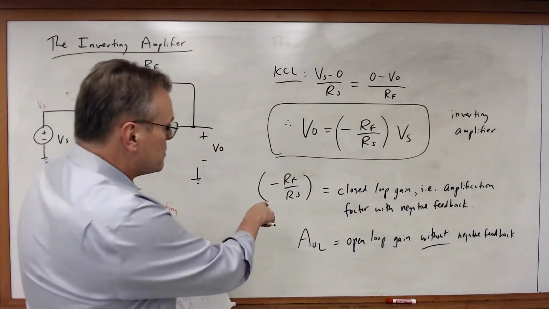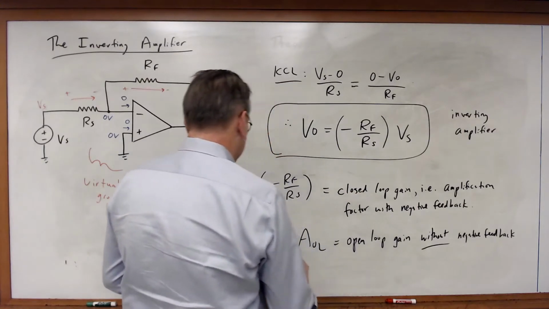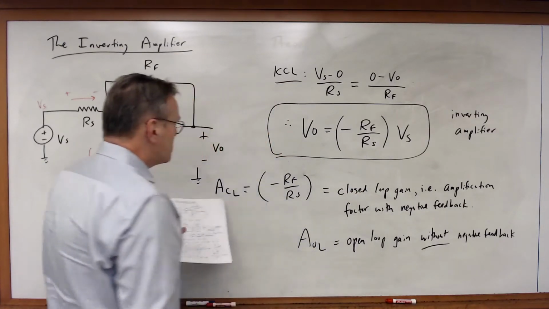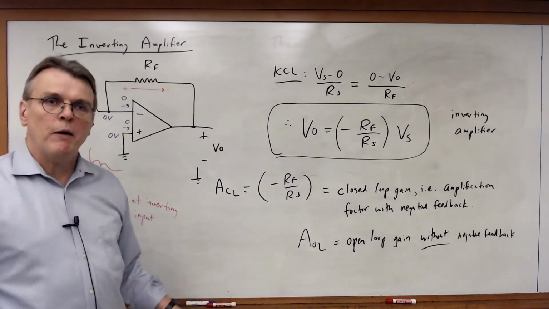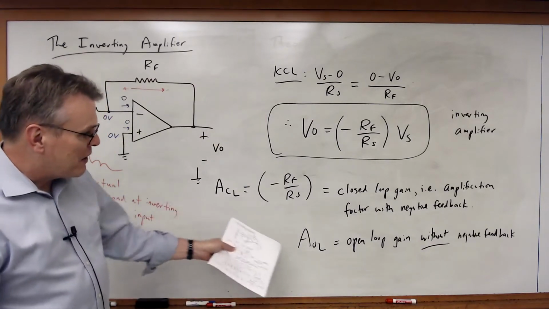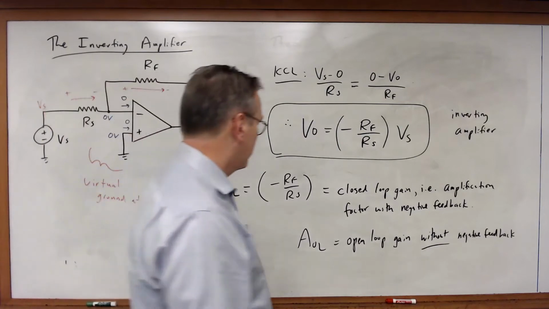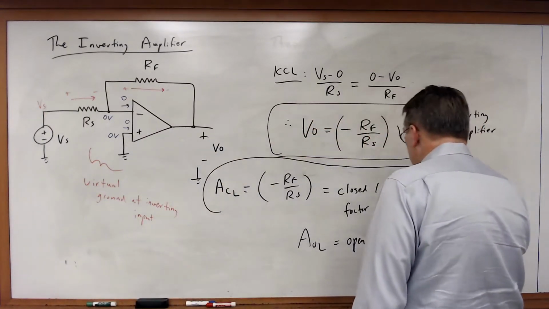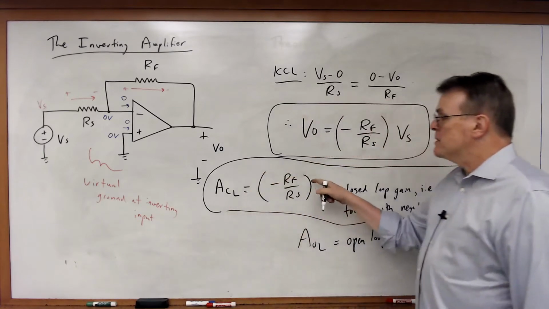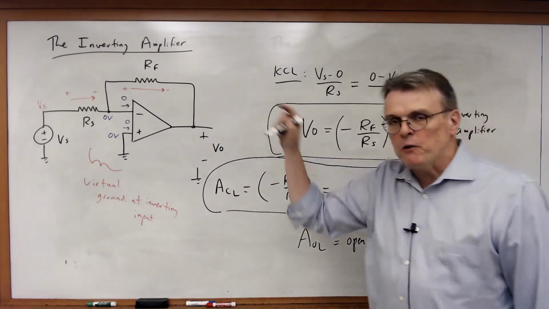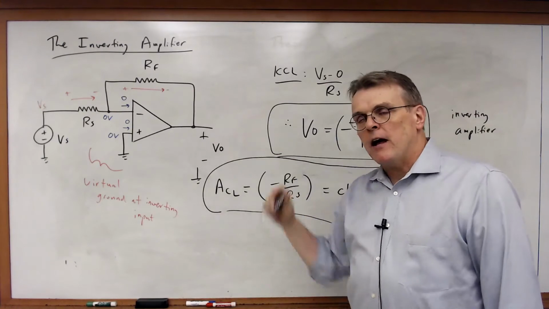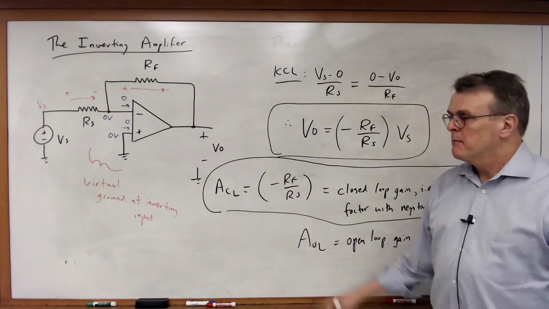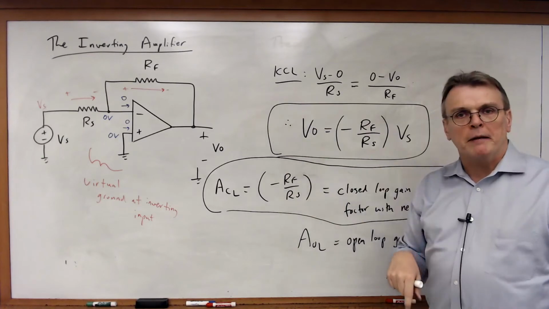Okay, now you'll also see this closed loop gain represented as A sub CL as opposed to A sub OL. Closed loop gain, open loop gain. Here we have the closed loop gain, but this is the closed loop gain for this particular configuration. Different op-amp configurations will have different expressions for the closed loop gain. But for the inverting amplifier, this is what we get.